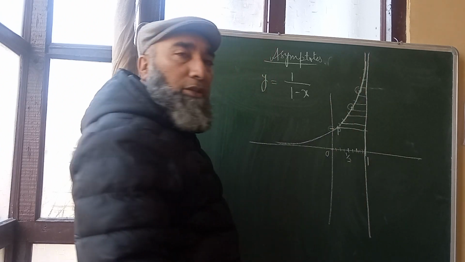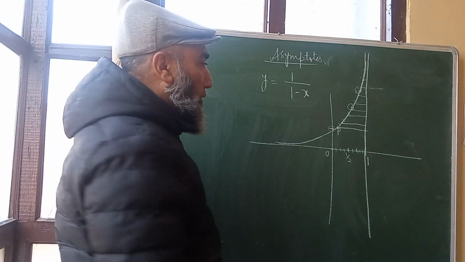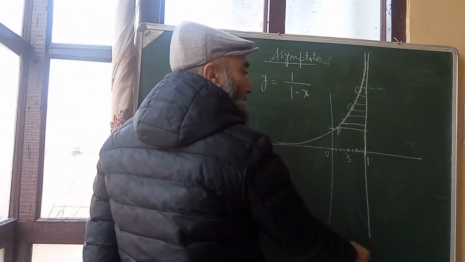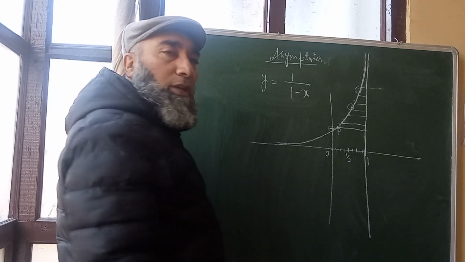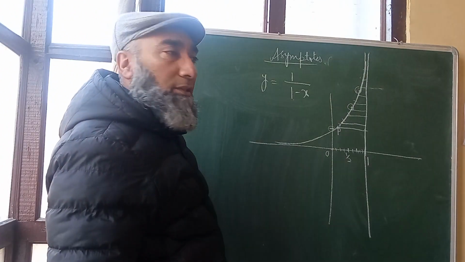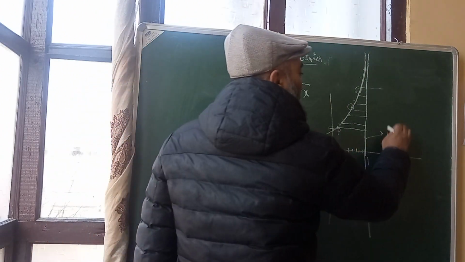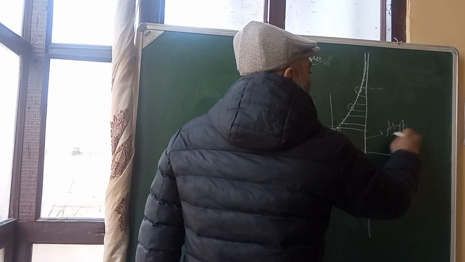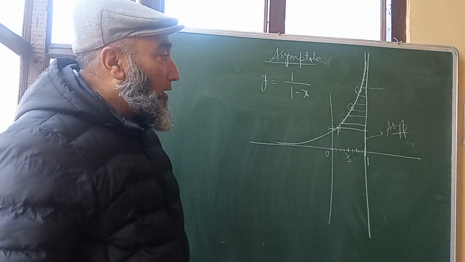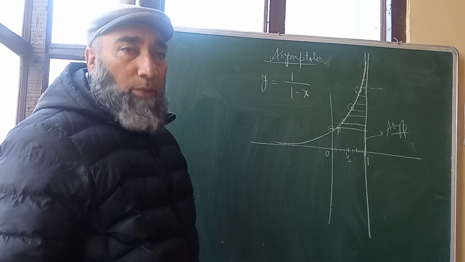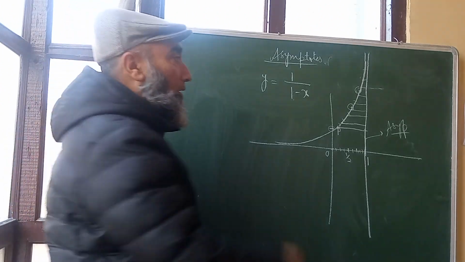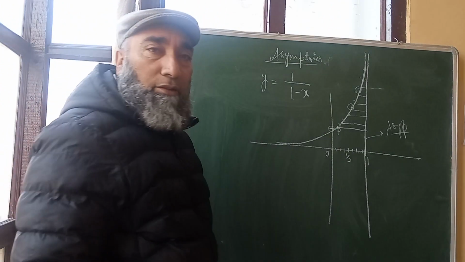Ultimately, it may touch the curve at infinity. So the line which intends to touch the curve at infinity is known as the asymptote. This is the asymptote. So generally, an asymptote is a line which may touch the curve at infinity, right?